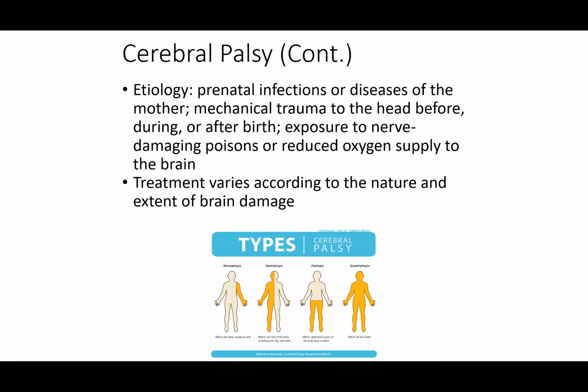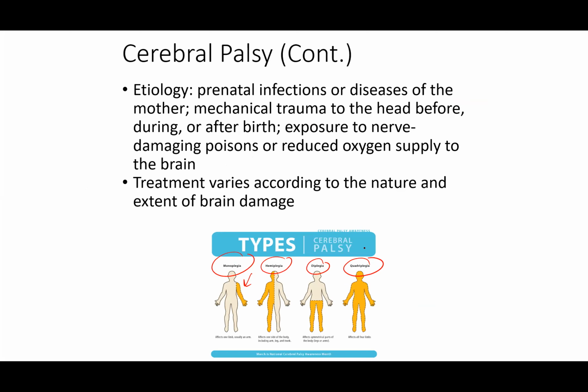Okay, so depending on the part of the brain that's hurt, you can have monoplegia, hemiplegia, which is, hemi is like half, so half the body is affected, diplegia, or quadriplegia.